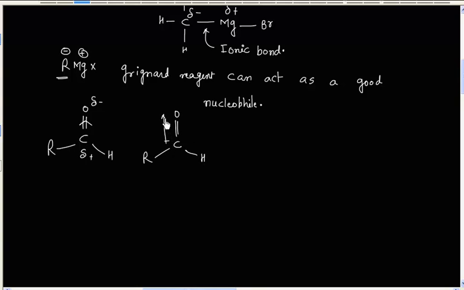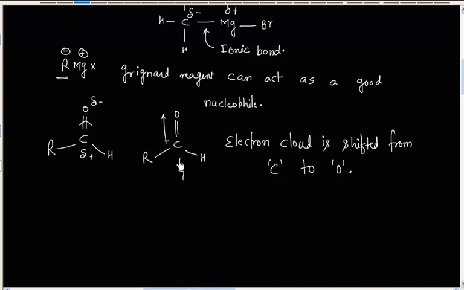So the electron cloud is shifted from carbon atom to oxygen atom. This means this carbon is electrophilic in nature because it has sufficient positive charge. So this is the electrophilic center.